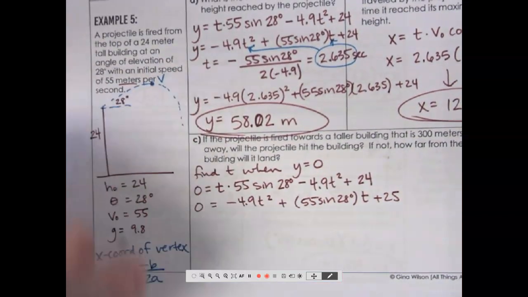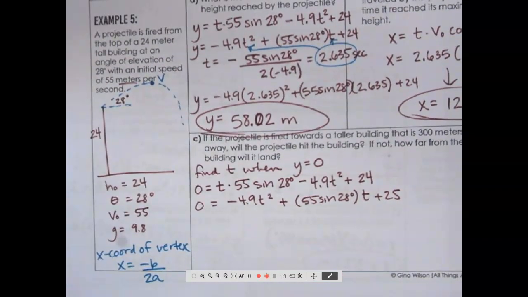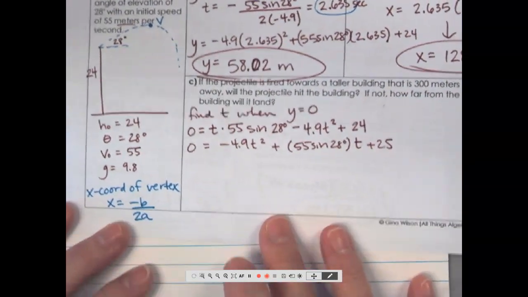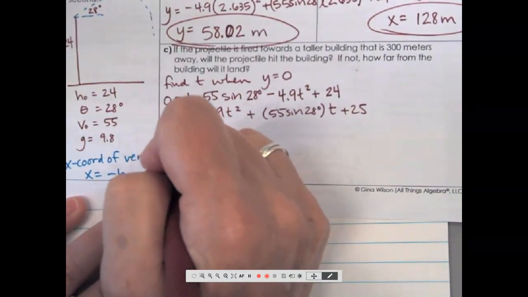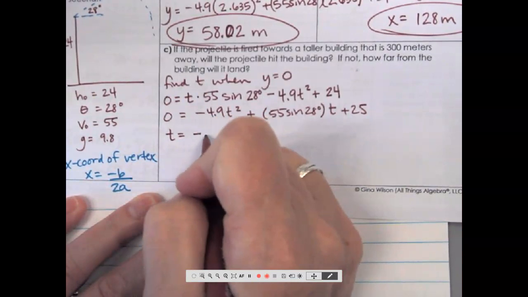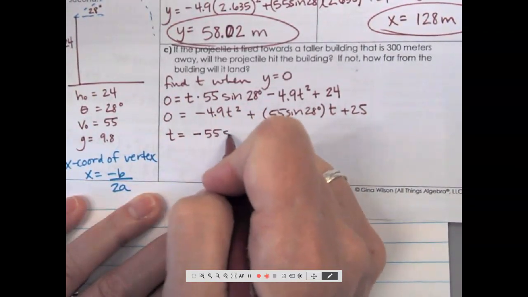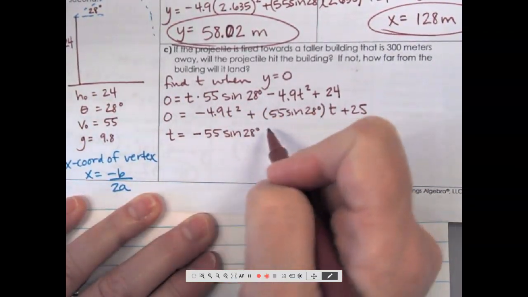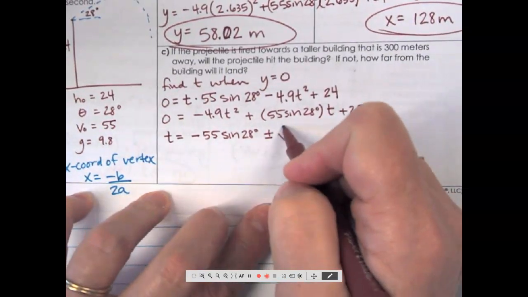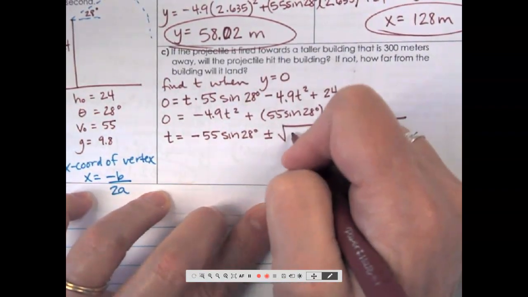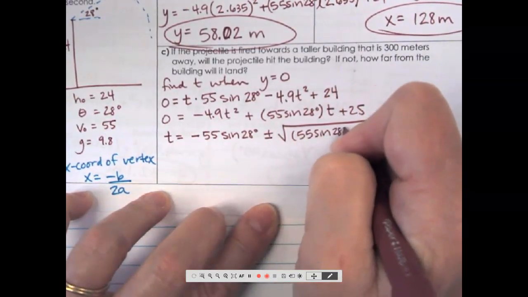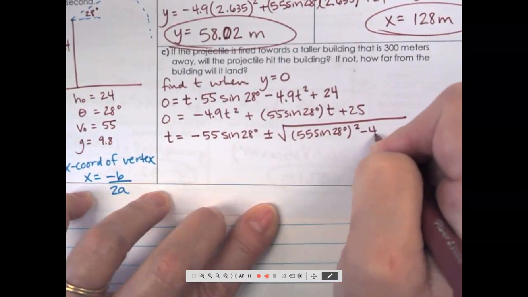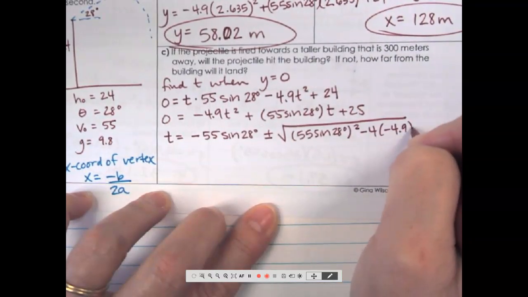Okay, so we're going to have to use quadratic formula again. Negative b plus or minus square root of b squared minus 4ac all over 2a. Let's see if we can all type it through our calculator right this time. Now I'll probably get it wrong. Negative b plus or minus the square root of b squared minus 4a.